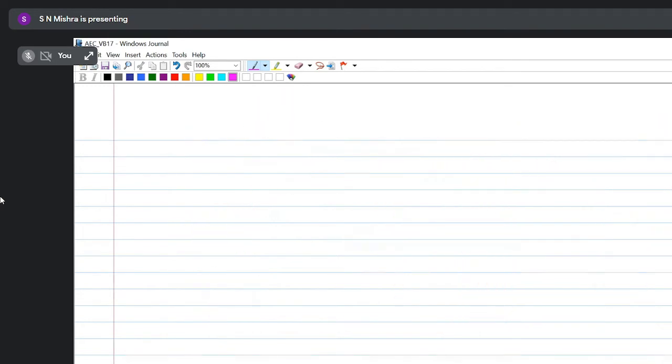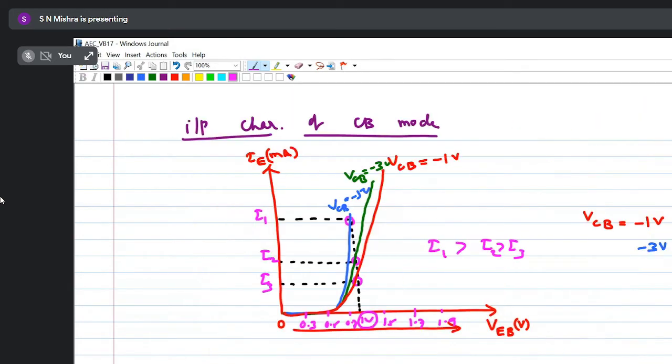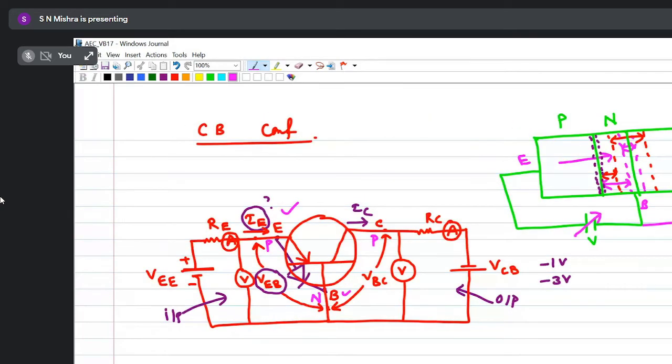Output characteristic means, let us see the circuit diagram again. Output characteristic means output current and output voltage. If I change the output voltage, what is the effect on output current? We have to observe when the input is fixed.